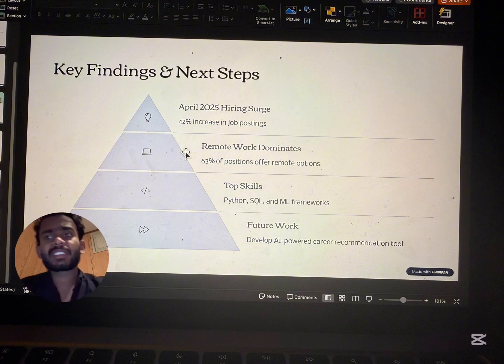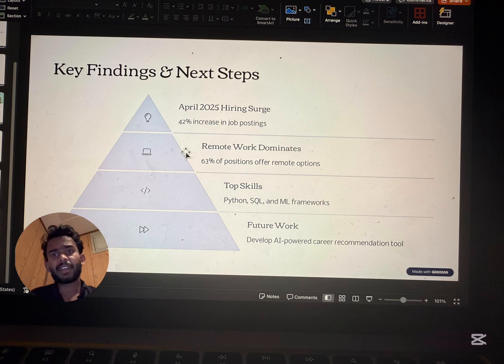To extract in-demand skills, I applied TF-IDF to the job descriptions. A word cloud visualization showed that Python, SQL, and machine learning were the most frequent keywords.